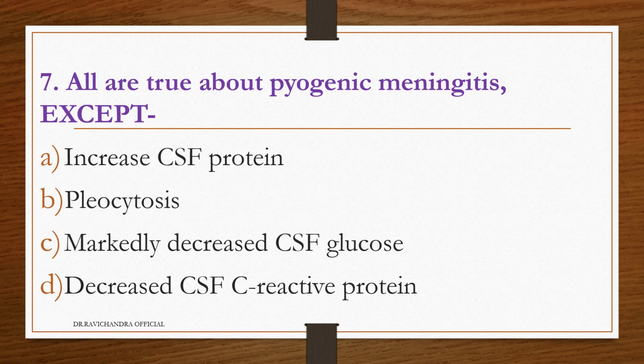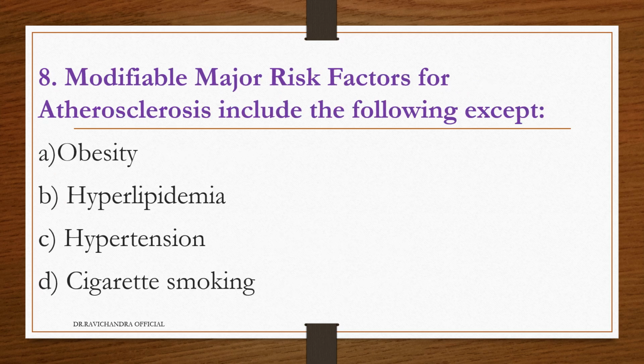Coming to the next question, that is the eighth question. Modifiable major risk factors for atherosclerosis include the following except: obesity, hyperlipidemia, hypertension, cigarette smoking. The correct answer is obesity.